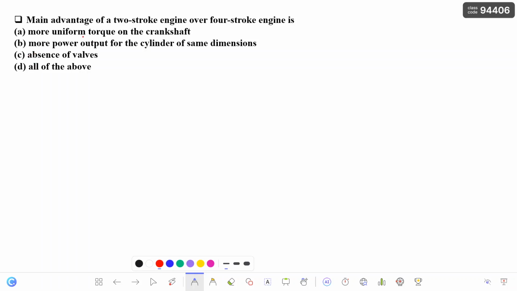So I will tell you how. You see, more uniform torque on the crankshaft. What does this mean? Because in a 4-stroke there is one power stroke in 2 revolutions. If you draw the turning moment diagram, which you will study in your kinematics and dynamics of machines, this is the turning moment and this is theta, the angle at which the crank is rotating.